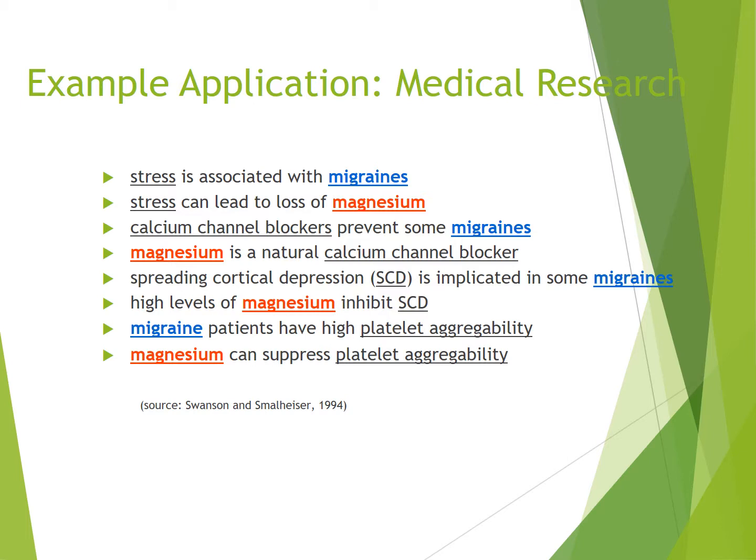Then it turns out that cortical depression is also implicated in some migraines. Therefore, the association with magnesium to deal with platelet aggregability, which is associated with migraines, is one of the analyses that has come to fruition.